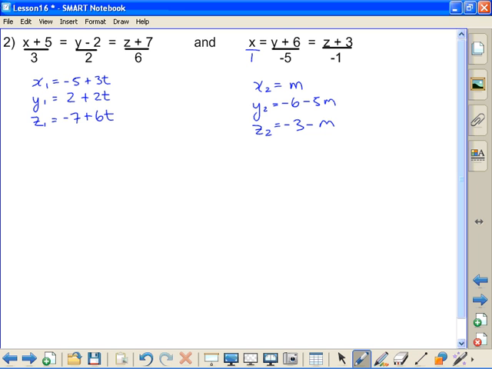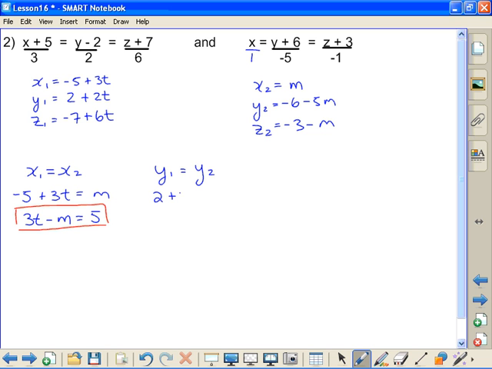So you can compare whichever one you want. Again, I just run with the x's. So x1 versus x2: negative 5 plus 3t equals m, which would mean I'd have 3t minus m equals 5. So there's one expression. I'll look at my y terms, and you can pick your z's if you think it's quicker or easier.